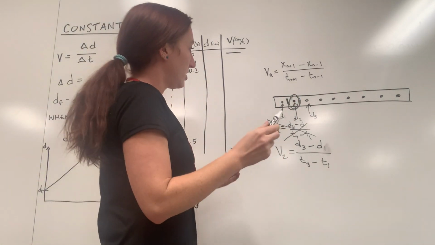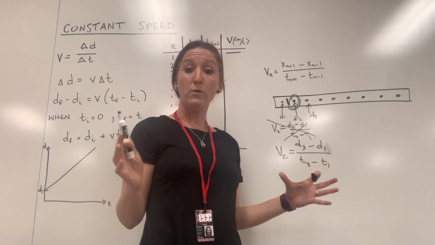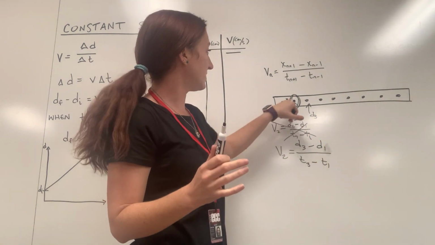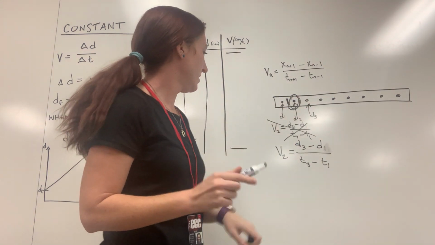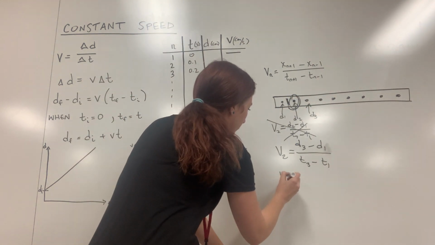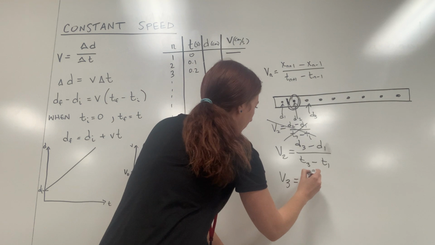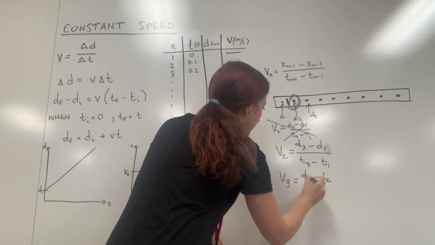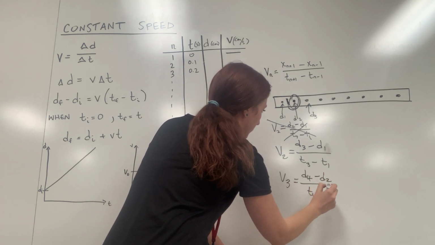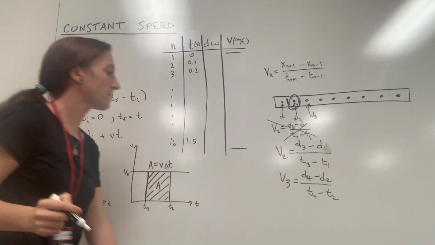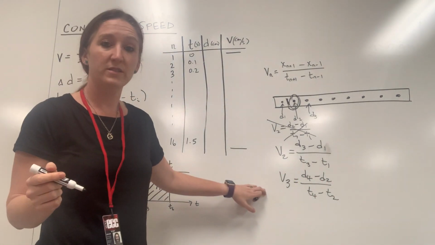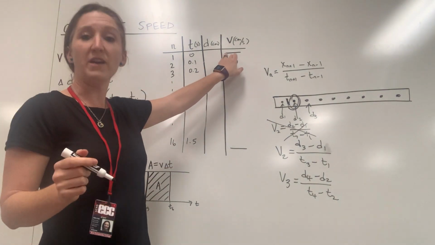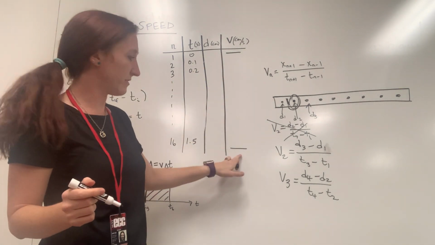So we're simply looking at the points surrounding each of these successive dots to find out the velocity at each dot. So we could keep going here, V3, we would be looking at our fourth minus our second.